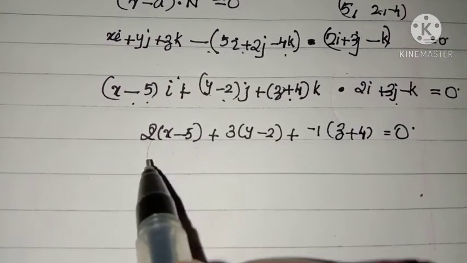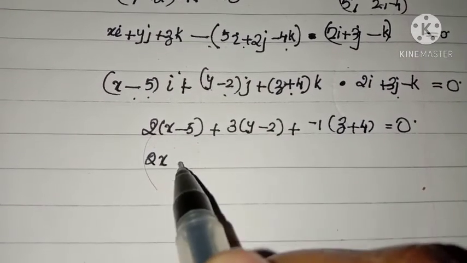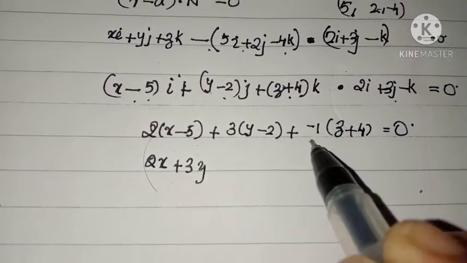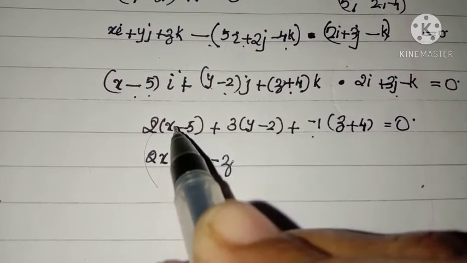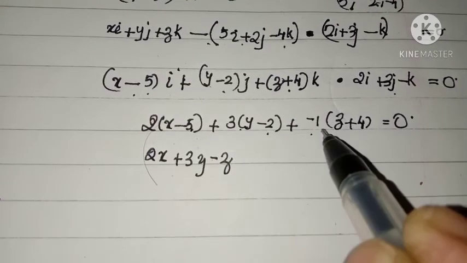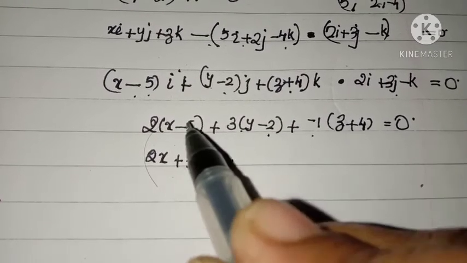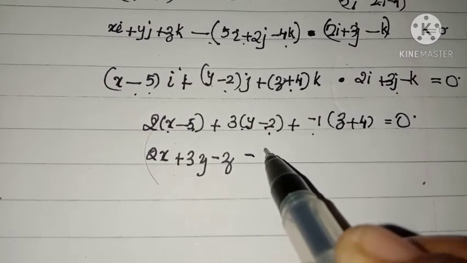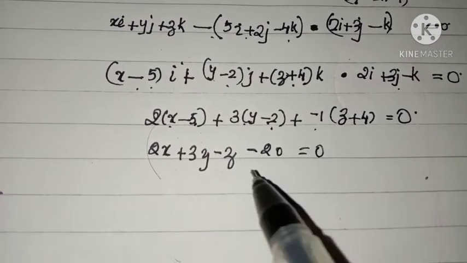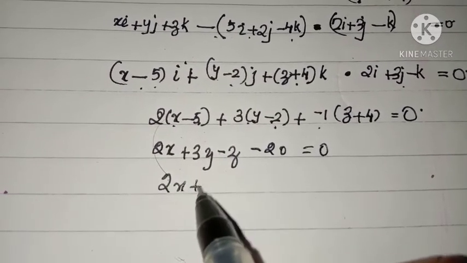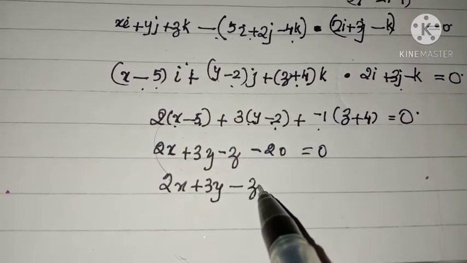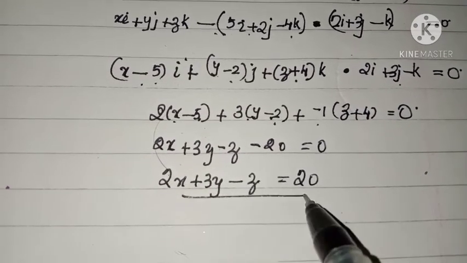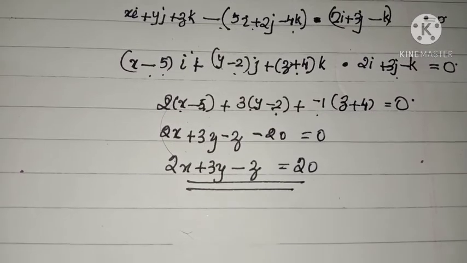Now open the bracket. 2x plus 3y minus z minus 10 minus 6 minus 4, that is minus 20, is equal to 0, or 2x plus 3y minus z is equal to 20.